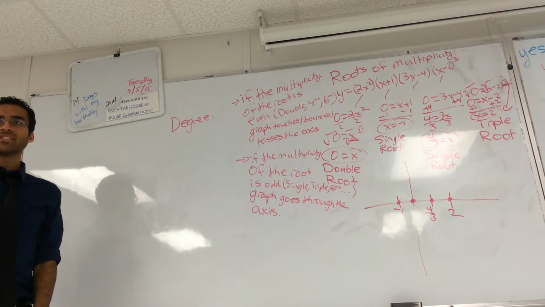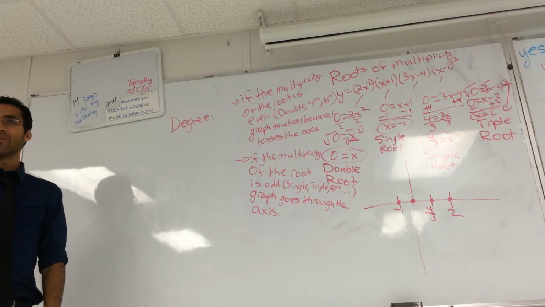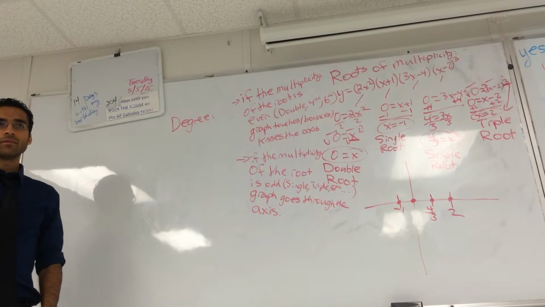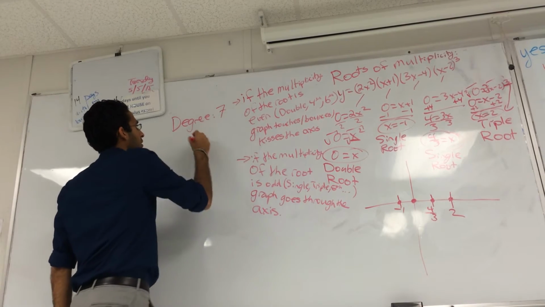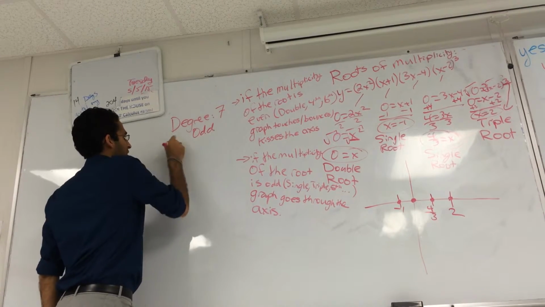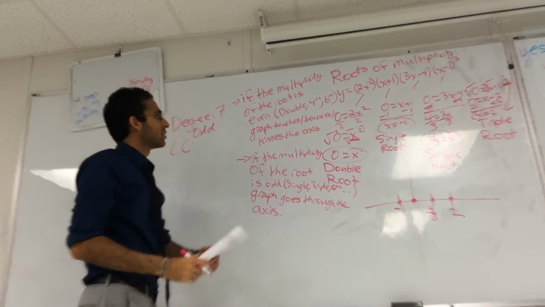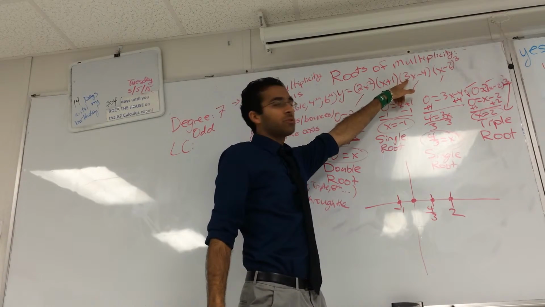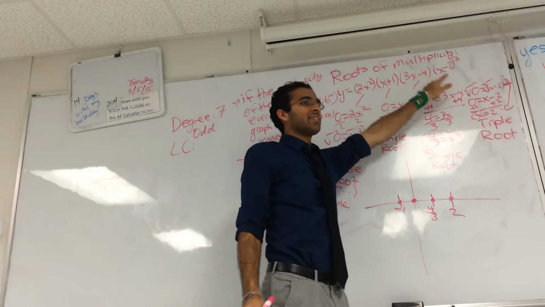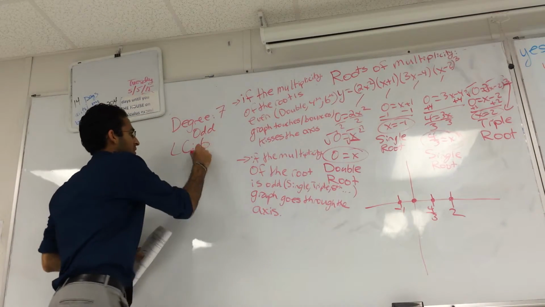Remember, if the bases are the same and you multiply, we add exponents. So it's degree 7, so it's odd. The leading coefficient: 2 times 1 is 2, 2 times 3 is 6, 6 times 1 is still 6.